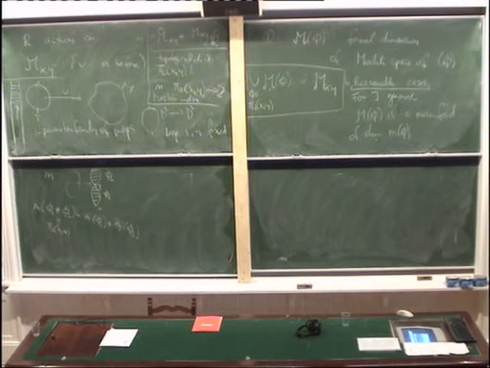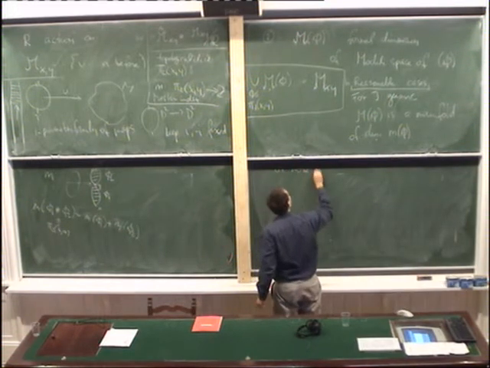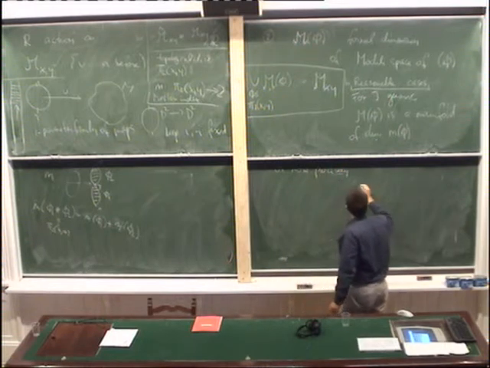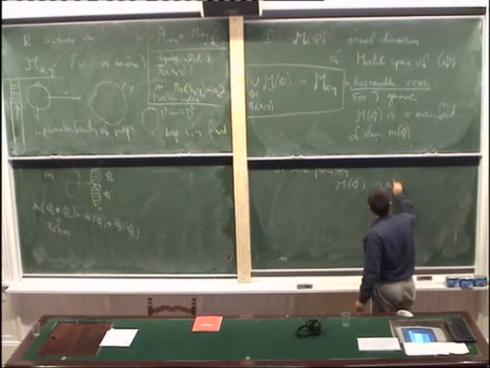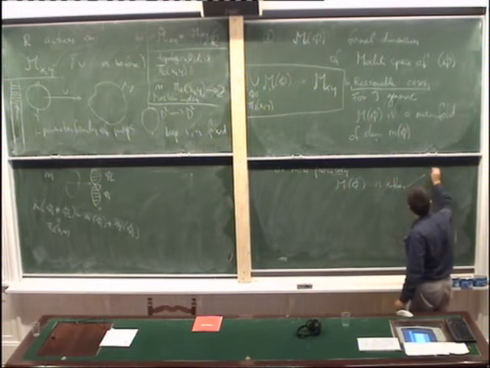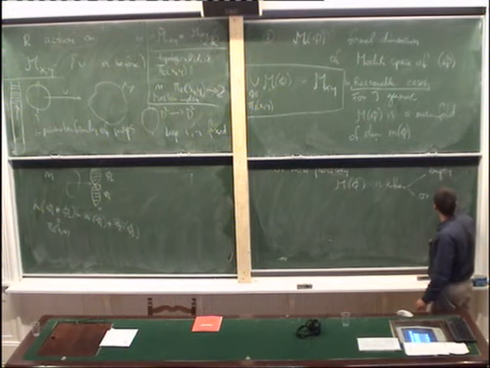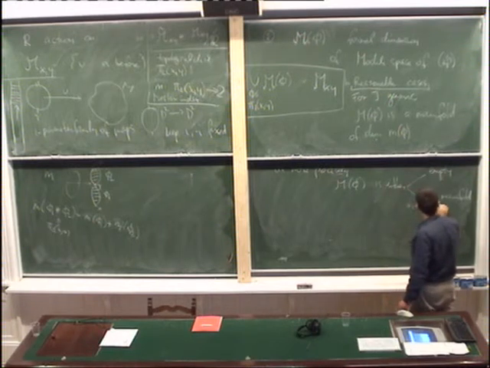So what I really mean here, or more precisely, M phi is either empty or a manifold with dimension equal to M of phi.